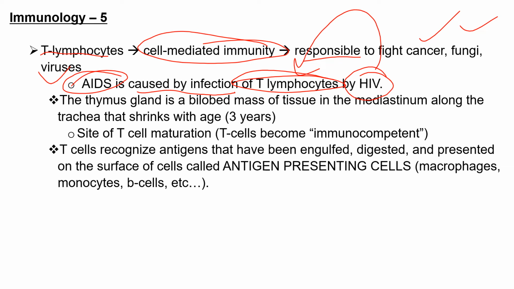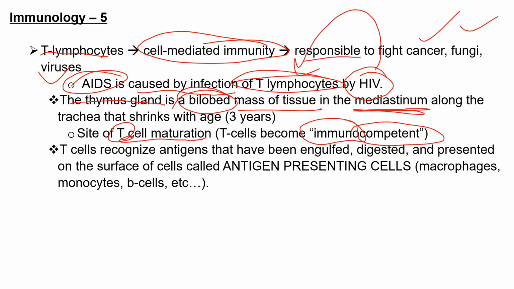As I mentioned earlier, T cells undergo education and maturation in the thymus. They become what is called immunocompetent. It means that they can now make decisions which we can trust. And this happens after they undergo their education in the thymus, which is a massive tissue that has two lobes. It's bilobed in the mediastinum.